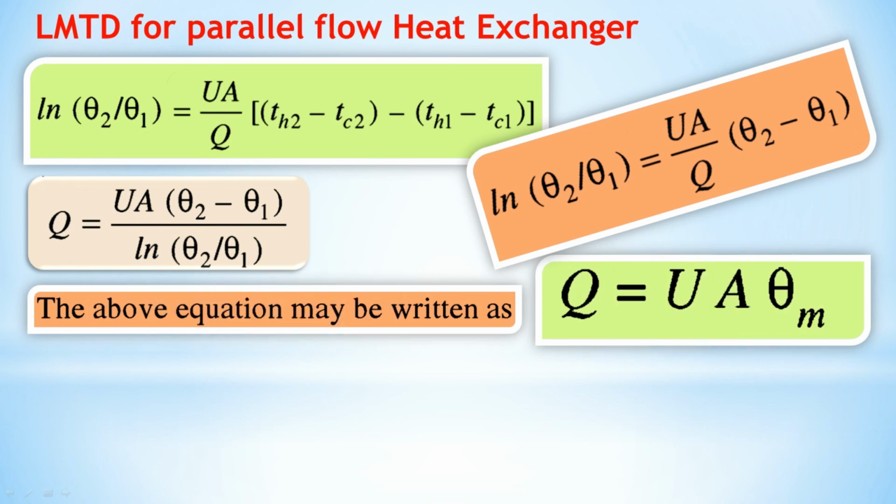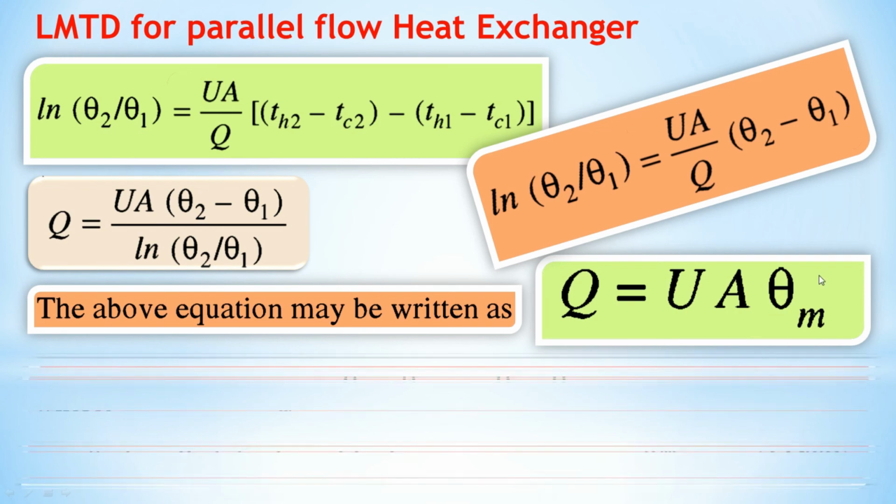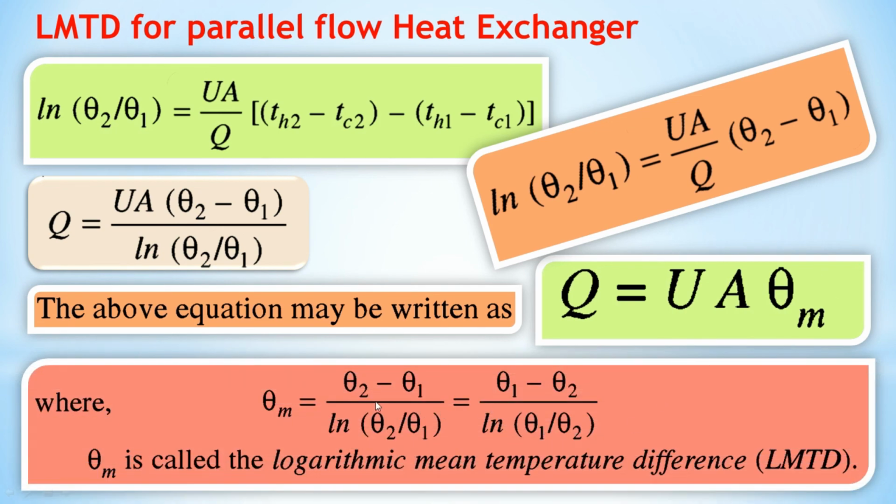The above equation may also be written as Q equal to UA theta m, where theta m equal to theta 2 minus theta 1 divided by ln theta 2 by theta 1, where theta 1 and theta 2 are the temperature differences at the inlet side and exit side of the heat exchanger. Theta m is called the logarithmic mean temperature difference, or LMTD.